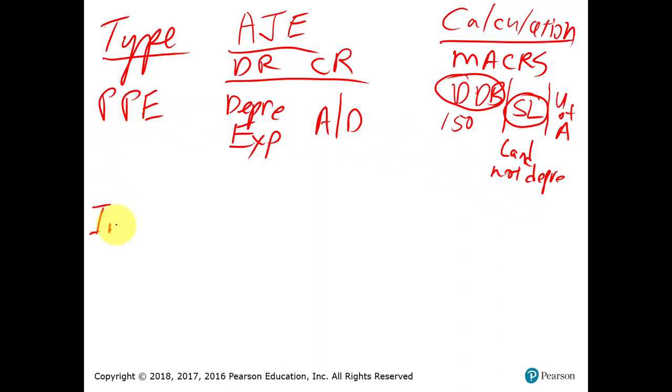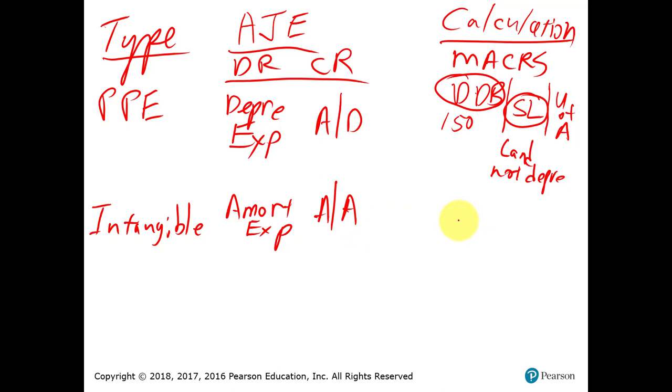Another type of asset we have are intangible, things like copyright, patents, maybe startup costs, organization costs, things that we will amortize. Debit amortization expense, credit contra asset accumulated amortization.